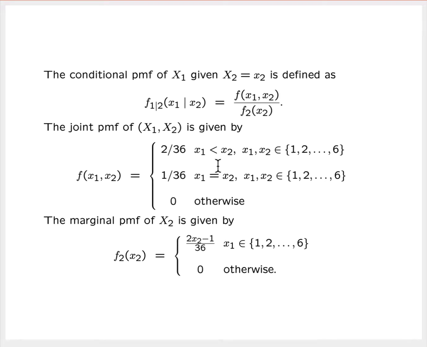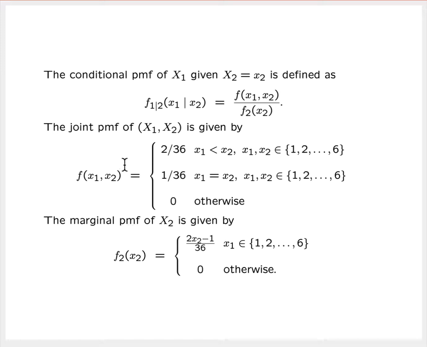Similarly, from the joint PMF, which we derived earlier, the marginal PMF of x2 is equal to (2 times x2 minus 1) over 36, as long as x2 is an integer from 1 to 6, and it's 0 otherwise. The x2 here was a typo.